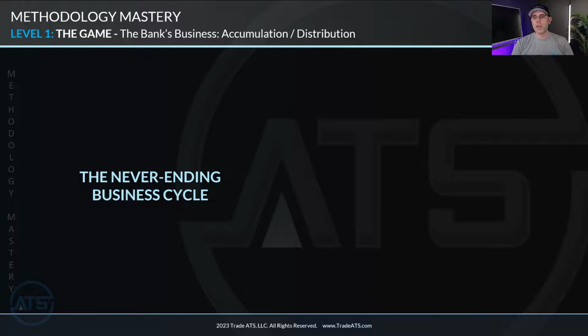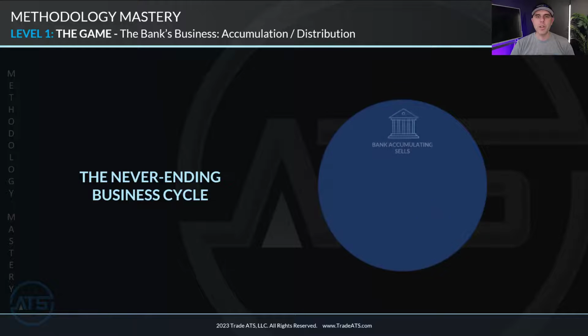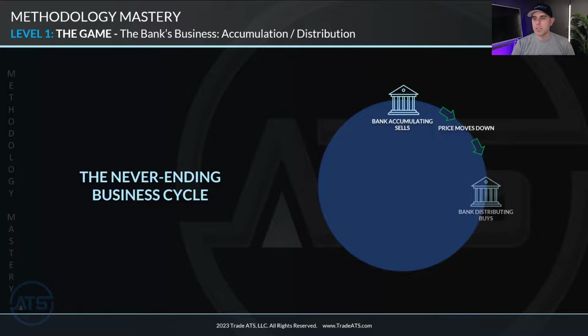The banks are running a never-ending business cycle, and you could think of this business cycle in a circular fashion. Starting at the top, the banks are accumulating sells after a big move up. They're accumulating short inventory in preparation to distribute that for profit as the market moves down. The market eventually moves down, and the bank starts distributing to willing buyers and collecting profits from those short positions.